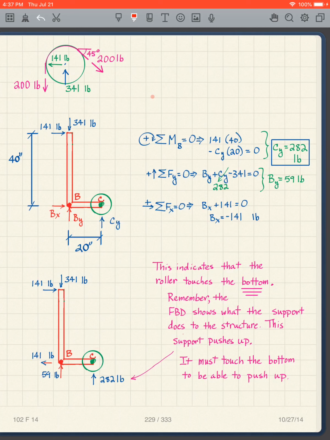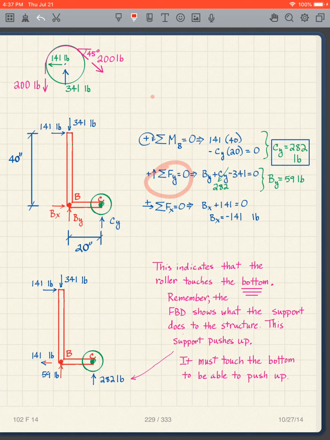And the CY, sticking with the picture, is minus. So minus CY times 20. So 141 times 40 minus CY times 20, and we can get CY.